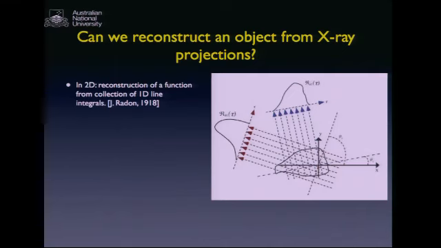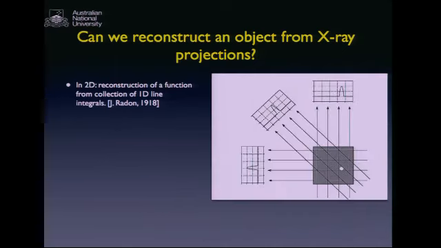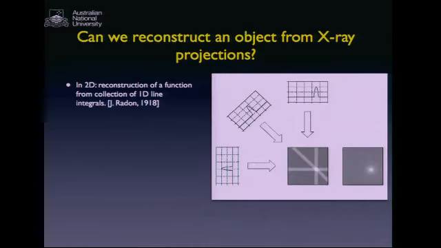It was studied almost 100 years ago. Essentially, if we have parallel beam projections, we measure the projections at all different angles around the object, and we can get a simple reconstruction by just taking these projections, smearing them back through the object. That's what's called the back projection, and we get an image like that.